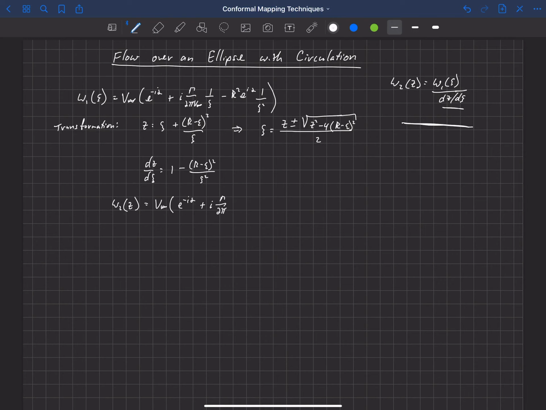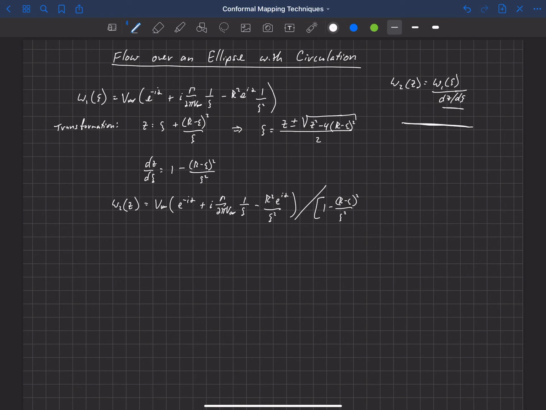I'm going to leave it in zeta for a minute because it's just easier. So 1 over zeta minus r squared e to the i alpha over zeta squared. And then this whole thing divided by 1 minus (r minus epsilon) squared over zeta squared.